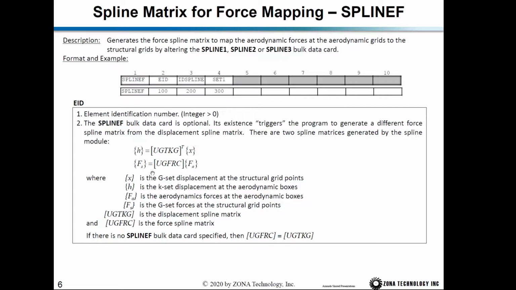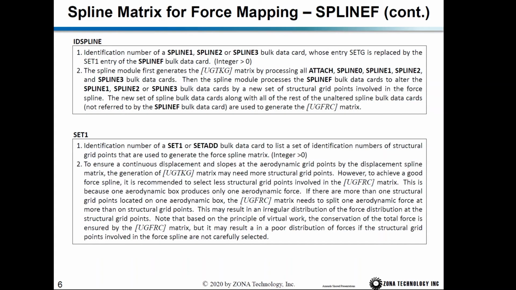I will give you an example later. If you don't specify the spline F, then the default spline matrix for the force spline is the same as the displacement spline matrix.